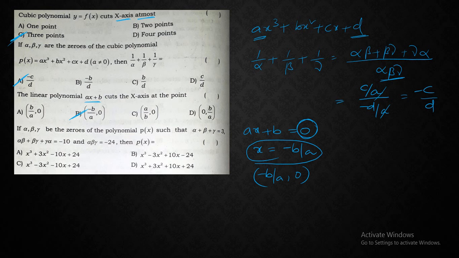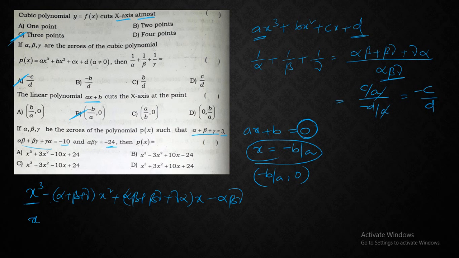If alpha, beta, gamma are the zeros of the given polynomial, alpha plus beta plus gamma is 3. Sum of product of zeros taken 2 at a time is minus 10. Product of zeros is minus 24. So we already know the formula: x cube minus of alpha plus beta plus gamma into x square plus alpha beta plus beta gamma plus gamma alpha into x minus alpha beta gamma. Here the signs alternately change, plus minus.